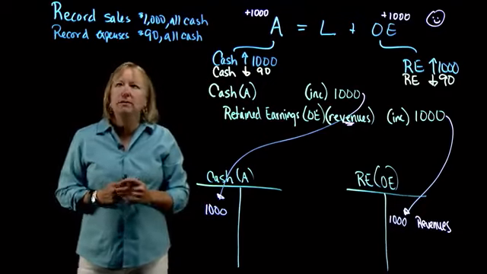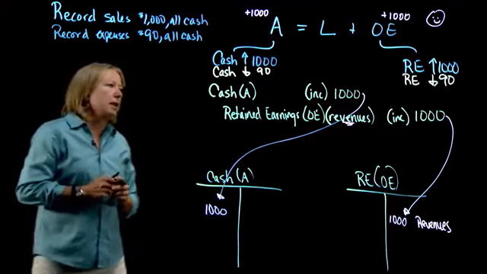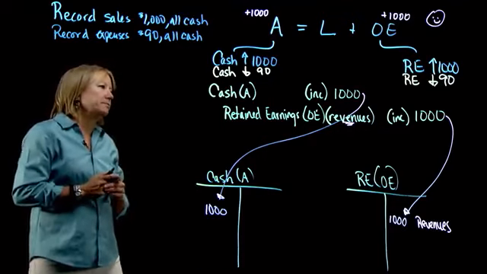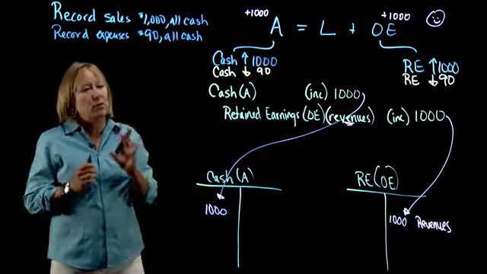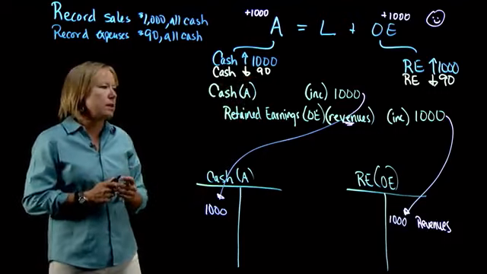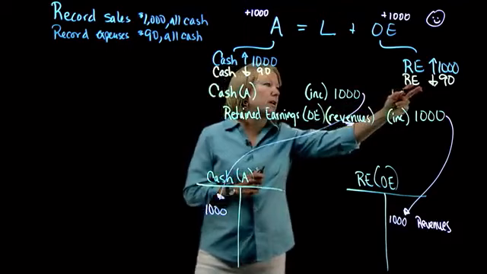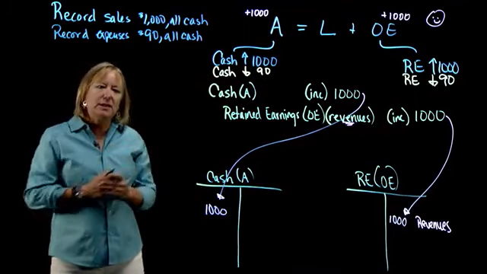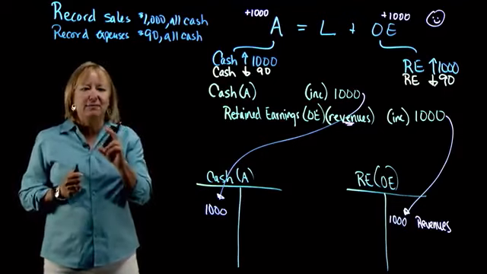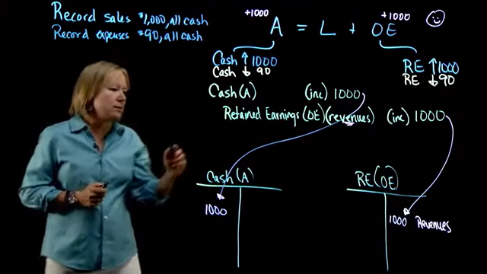So let's record the entry for the expenses of $90. Cash is going down. It's an asset, so that's going to be the right side of the entry for this one. So let's perhaps start here. Retained earnings is decreasing. A decrease in an owner's equity account is a left side or a debit. So let's start there.